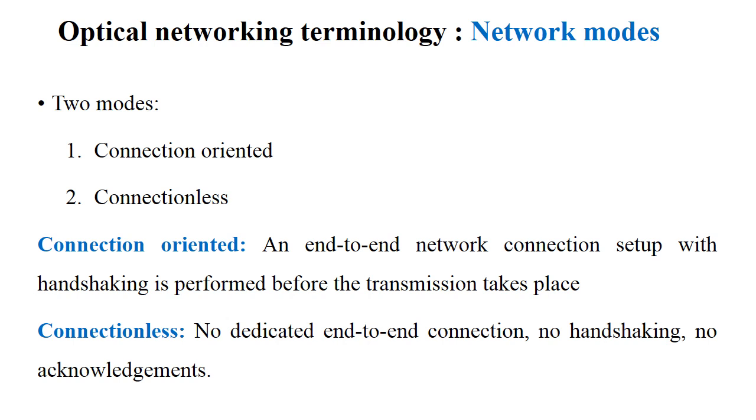In the second step, the transmission of data happens between source and the destination. In the third stage, after the completion of the data transmission, the dedicated connection is terminated, and that same connection can be made use of by the nodes for some other connection.